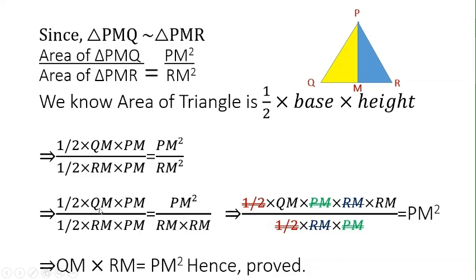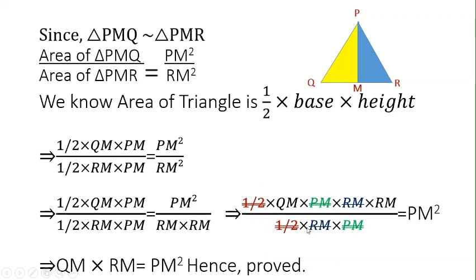So after substituting all these values, we have taken this RM into RM this side, and one RM will get cancelled here. Half and half get cancelled. One RM gets cancelled, and PM gets cancelled.